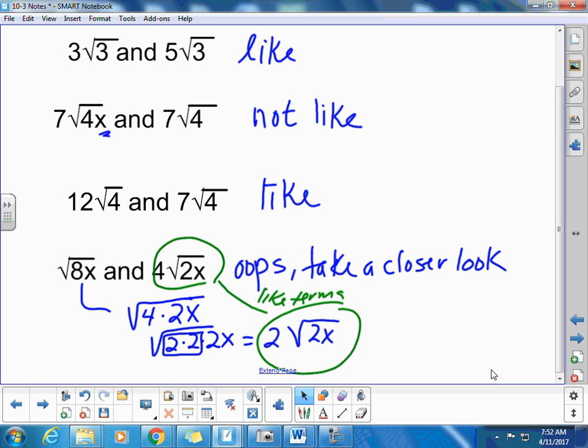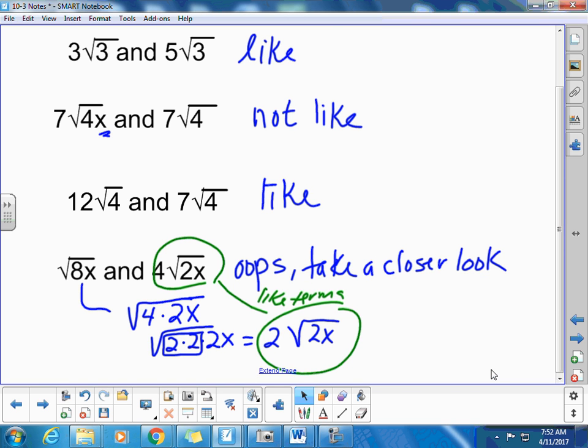So we put a tricky one in there, but hopefully you'll look at the first one and realize that they are like because what's under the radical is exactly the same. The second one, not like, because there's an x under the radical in the first one and there isn't in the second. The third one, again, they're like terms. And the last one's a tricky one. So we have to take a closer look at it because we can simplify 8x.